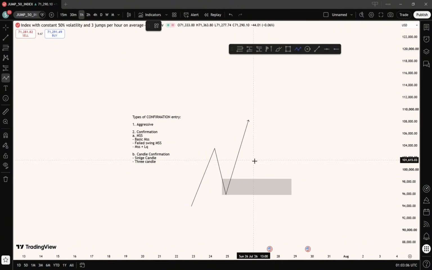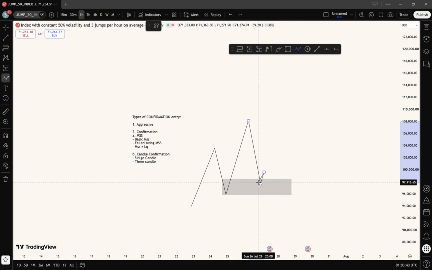This is on the 1 hour time frame, and to get your market structure shift, you need to go down to your 15 minutes or 5 minutes, but I like using 15 minutes. On the 15 minutes, you want to see price tap into your POI, move up a little, then come back down to sweep this liquidity.